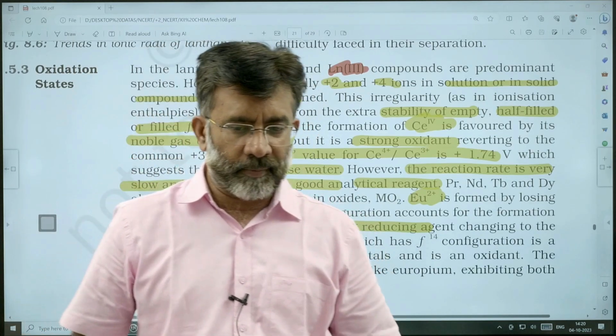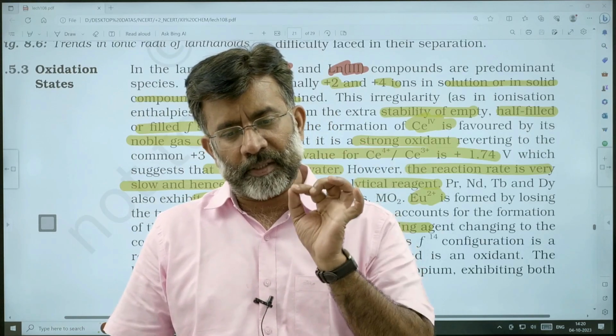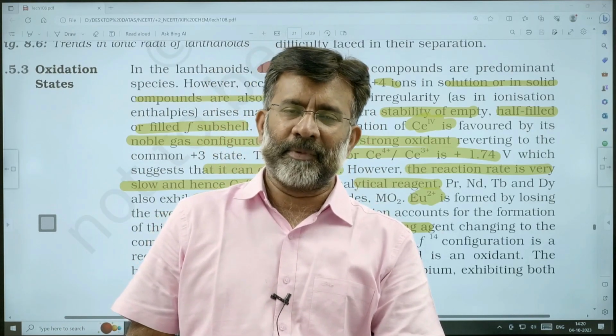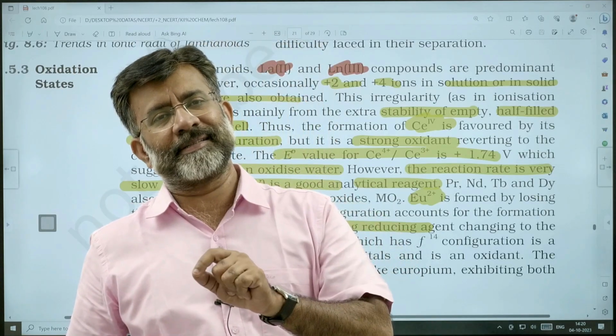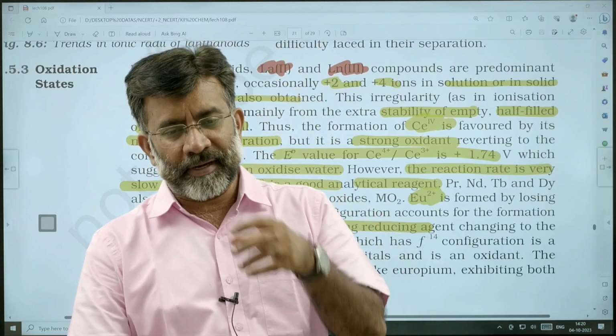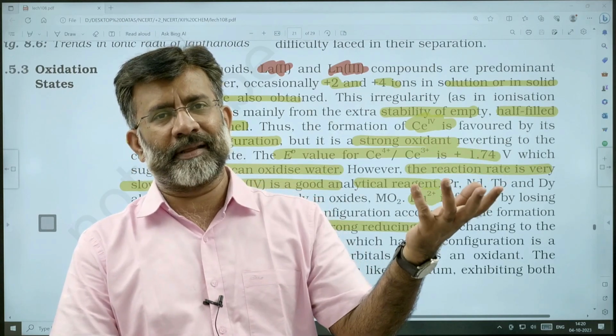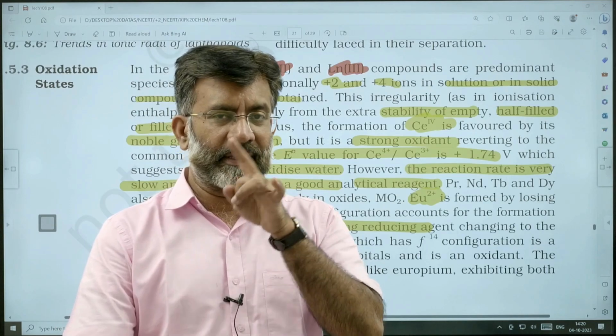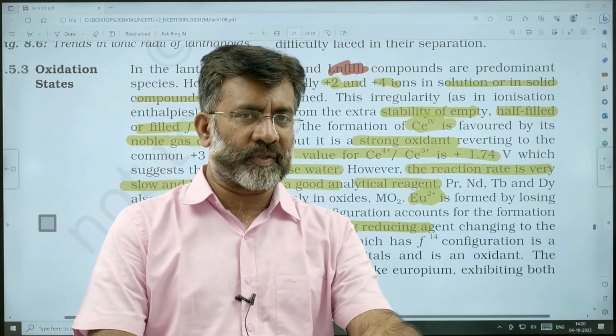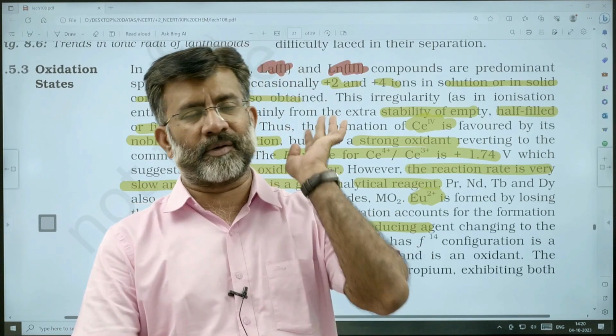Not only Europium 2+, any 2+ species can act as a good reducing agent because they want to go to the +3 state. The stable oxidation state is +3. So if it is in +2, it will go to +3, undergoing oxidation, and act as a reducing agent. If a species in the +4 state comes back to +3, it will undergo reduction and act as a good oxidizing agent.